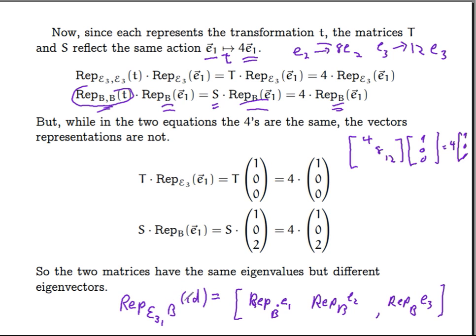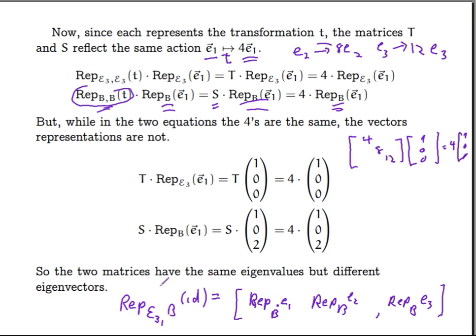Well, yes, we do, because this matrix here corresponds to P. P is equal to the representation going from E3 to B of the identity.